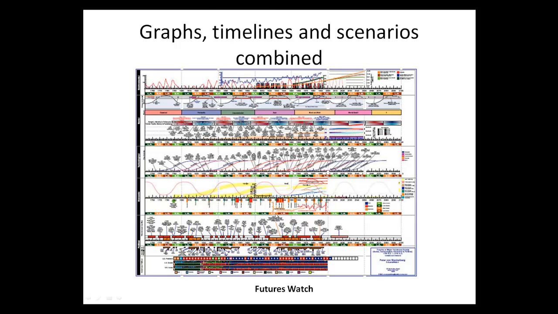Again, this is a very complicated diagram, and of course in your own project there's no need to go to this kind of length, but this is included here just to show you the full range of tools that can be used in order to try and map out the history of an issue or of a range of different issues.